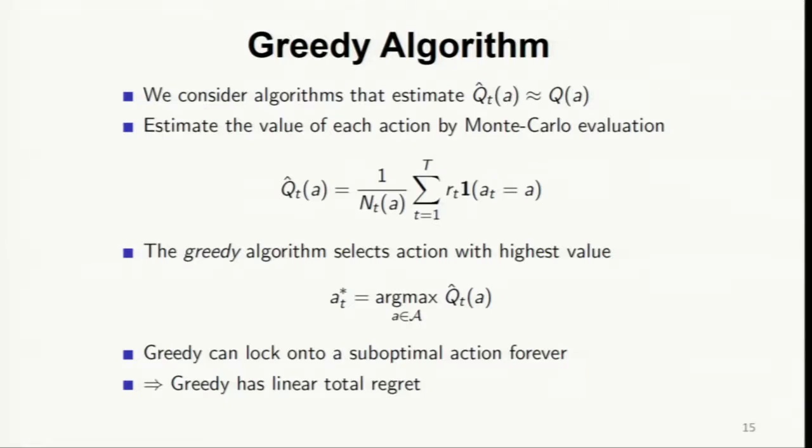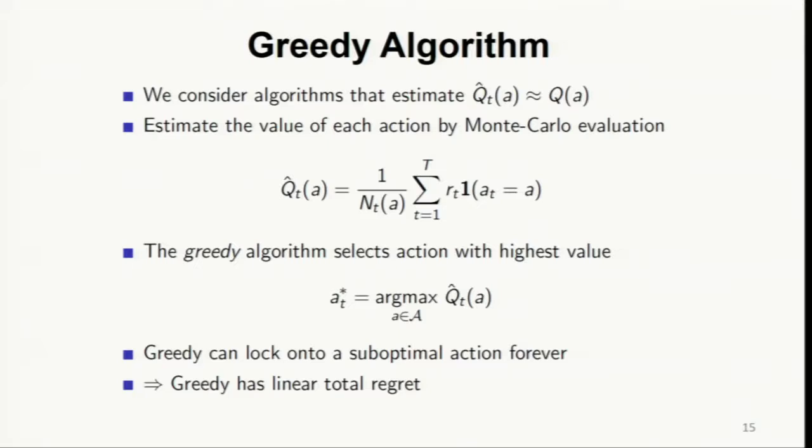Then you just divide by how many times you chose this action. This is the average. Each time you choose this action, you get a reward. Next time you choose a different action, you don't add it to that one. And next time you choose action a again, you make the indicator function 1, times R_t. Otherwise, you make it 0, and then divide by the count. This is the average.